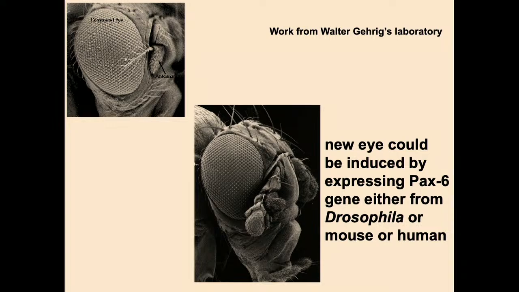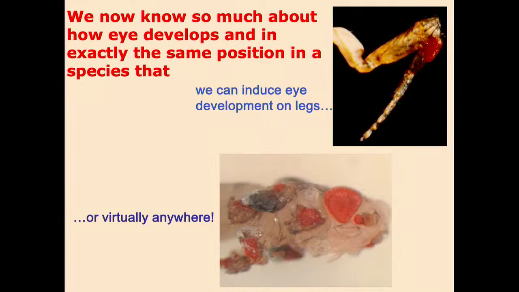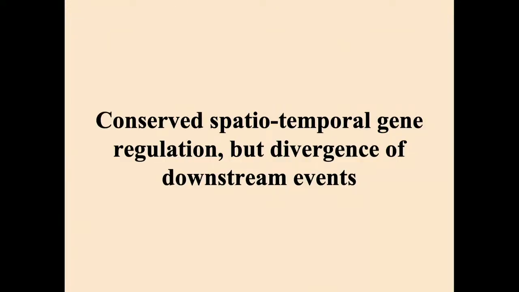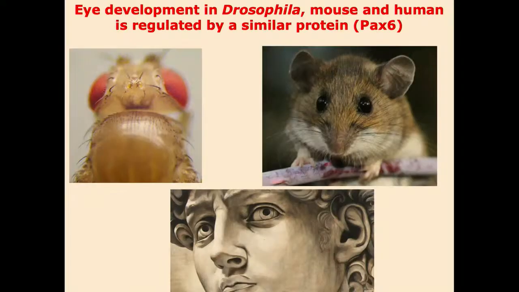Now, what it suggests is that early during evolution, while more or less everything is retained, the biochemical properties are the same and where it is expressed is the same, still what you see is this kind of eye versus this kind of eye, or this kind of eye.